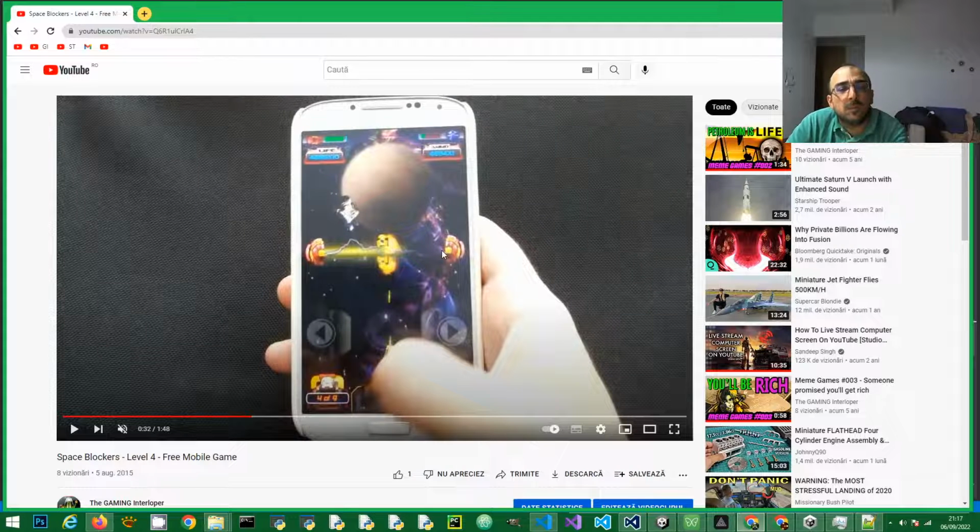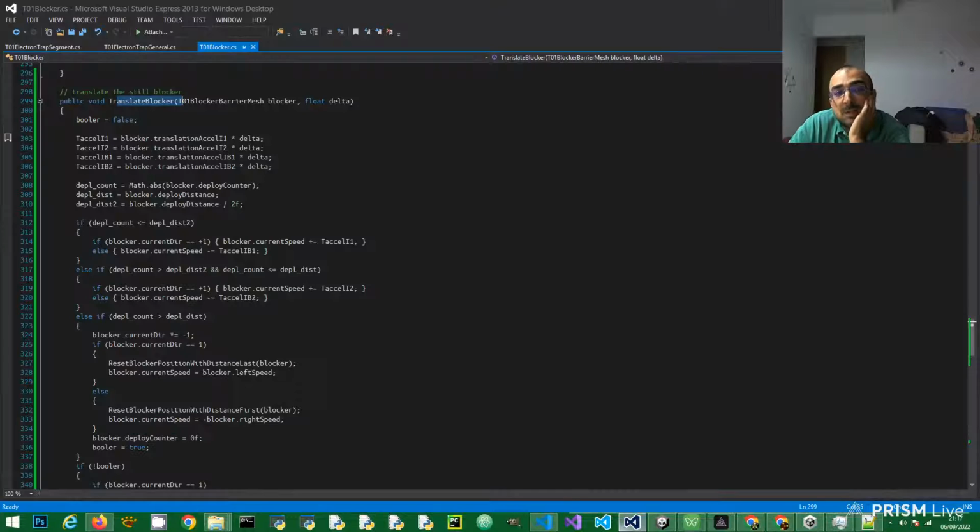Okay, so if the blocker is in this position, the left position, or if the blocker is in this position, the right position, we check this fact right here.